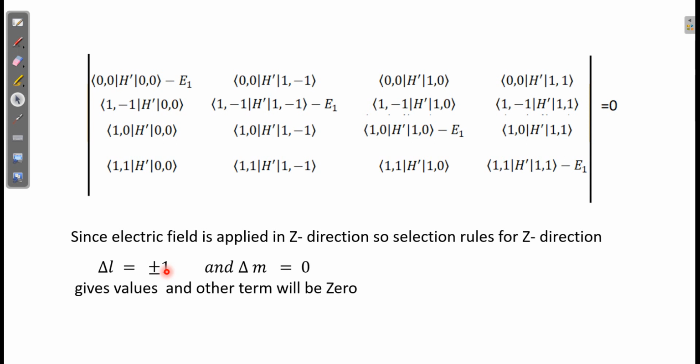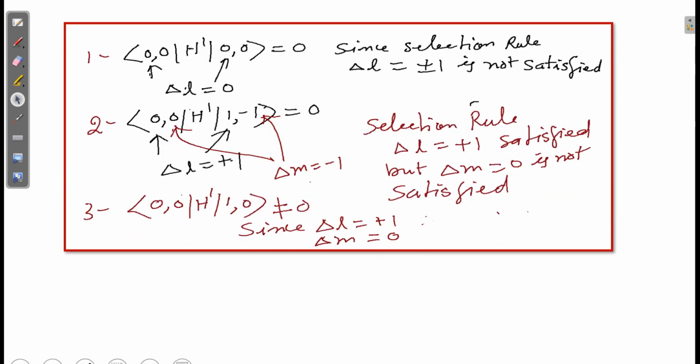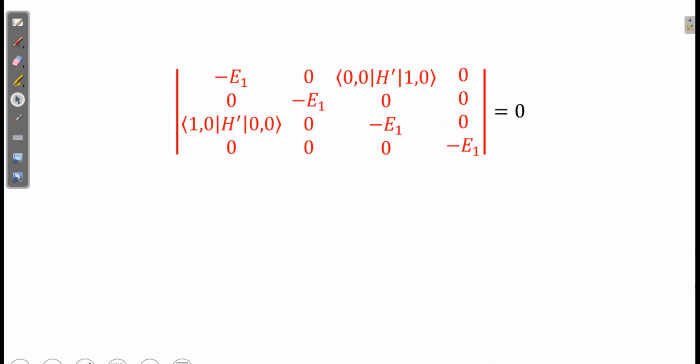According to this selection rule, only this term and this term have values. So the determinant becomes this: minus E1 and this term, this term.